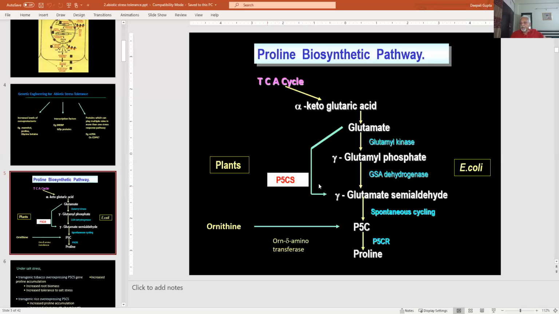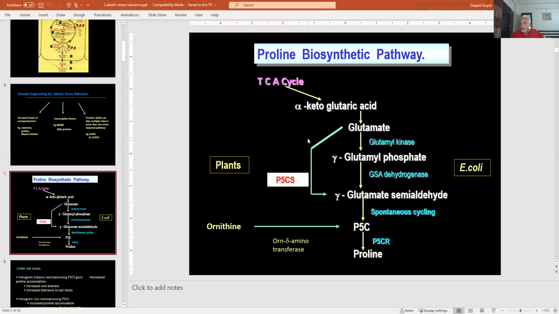So in plants, these two genes are fused as one. This gene was named P5CS, that is pyrroline 5 carboxylate synthase. They characterized this gene functionally. It codes for a bifunctional enzyme. It means this enzyme has glutamyl kinase activity as well as GSA dehydrogenase activity.